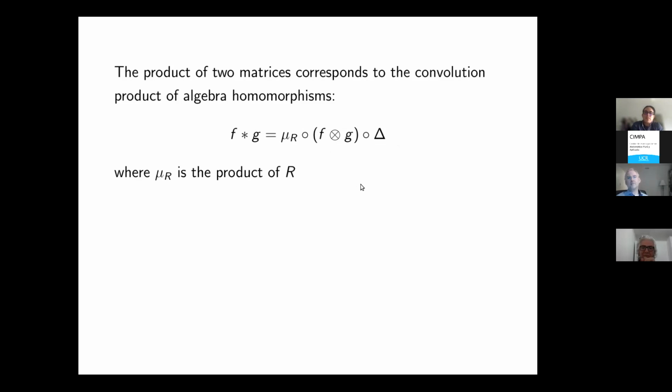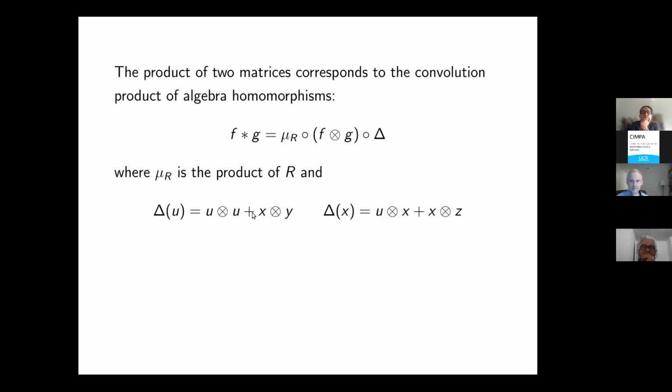Mu R is the product in R, and the coproduct goes from H to H tensor H, and it's defined like this. Delta of U is U tensor U. I will motivate this in a second, but think of matrix multiplication. U is roughly A, so we have here A and A. So I will explain this in a second.